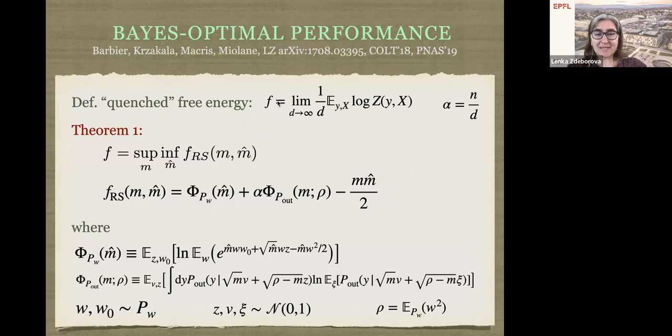And the result is that this limit actually takes a very simple form: there is a closed formula that depends on these two functions, phi_w and phi_out, that are just integrals over a pair or a triple of Gaussian variables, or variables distributed from this distribution of w.